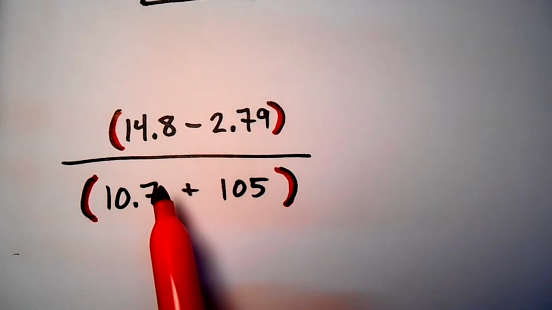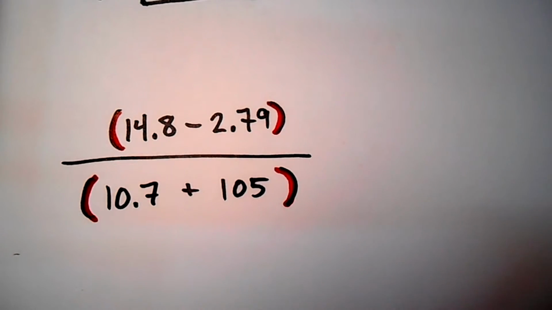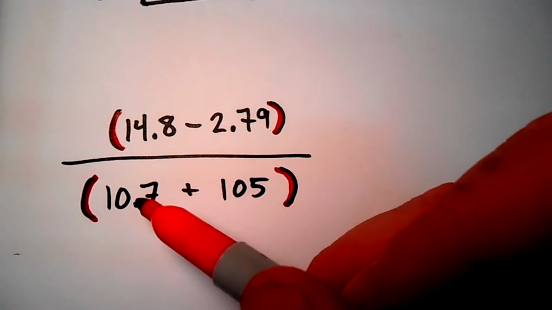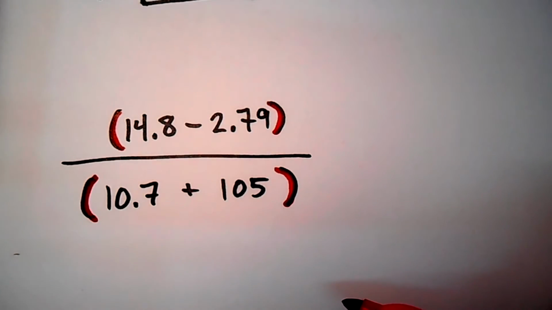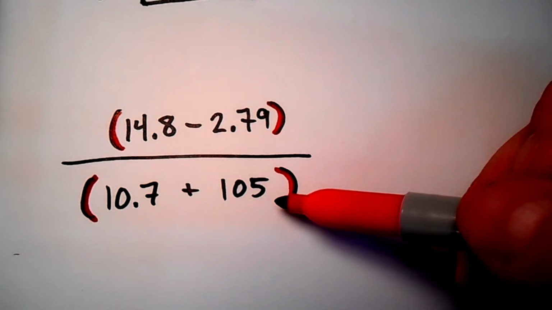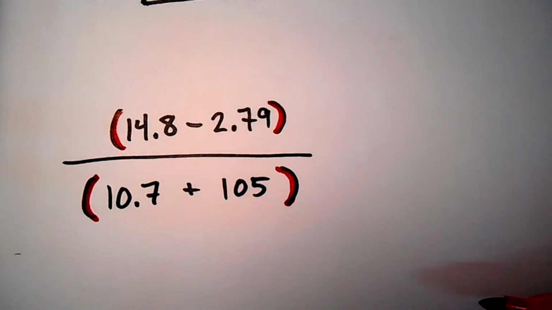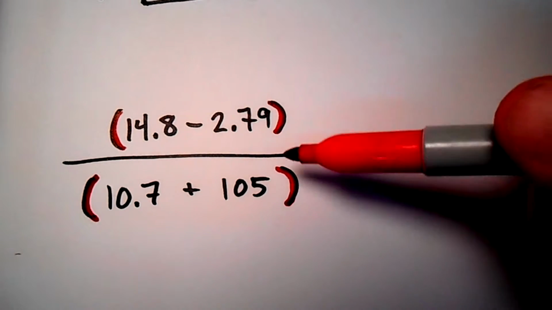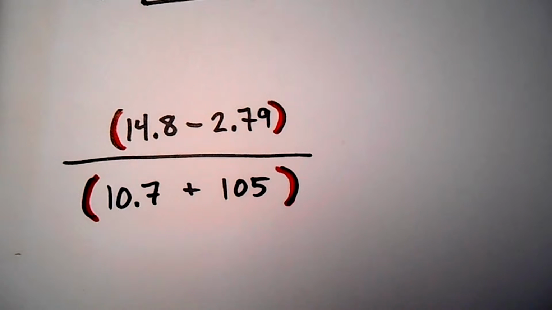And then before I divide that into my numerator, I am going to have to round this using addition subtraction rules. Once I've done that and I get these two rounded values, then I'm going to divide the numerator by the denominator, and I'm going to use multiplication division rules to come up with my rounded answer.